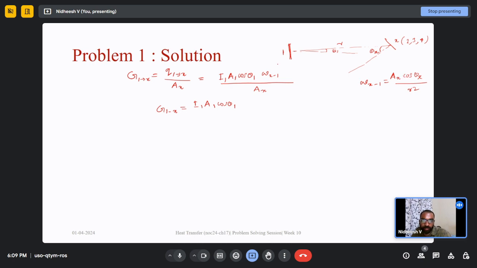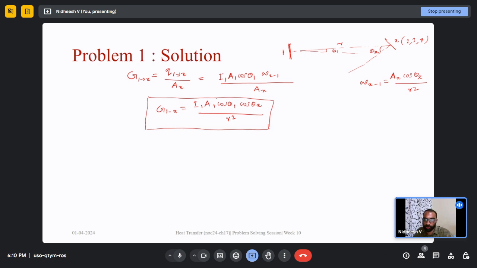Ax from the numerator and denominator will cancel out. Remaining we have cos theta x divided by r square. So this is the expression that we need to solve our problem.